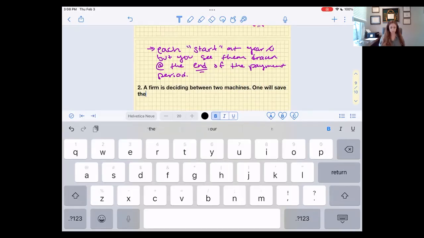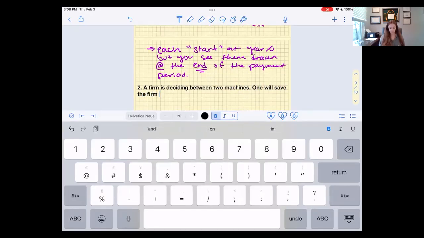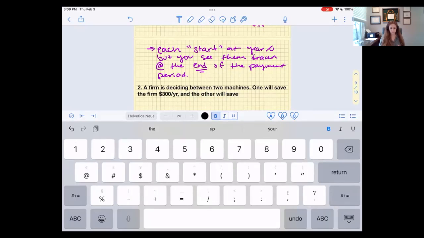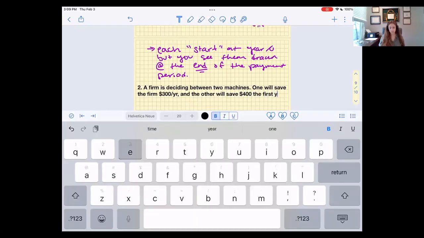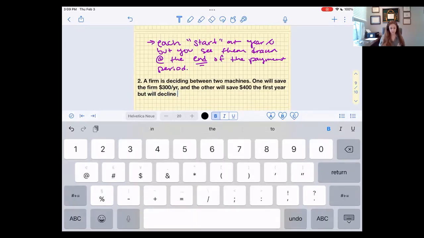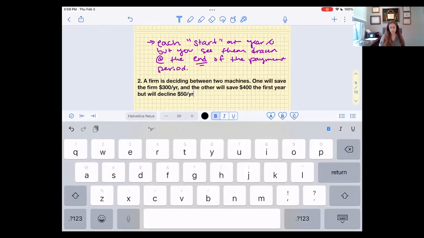One will save the firm $300 per year, and the other will save $400 the first year, but will decline $50 per year.